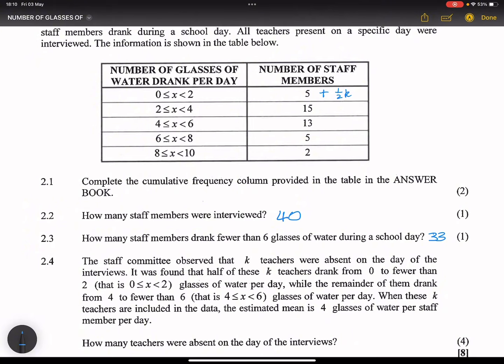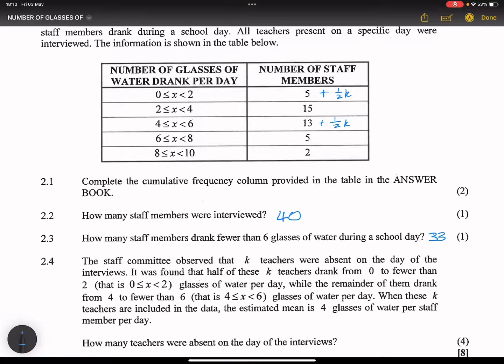The remainder of them drank from 4 to fewer than 6. So the other ones were actually between here. Remember, the remainder would be half of K as well.